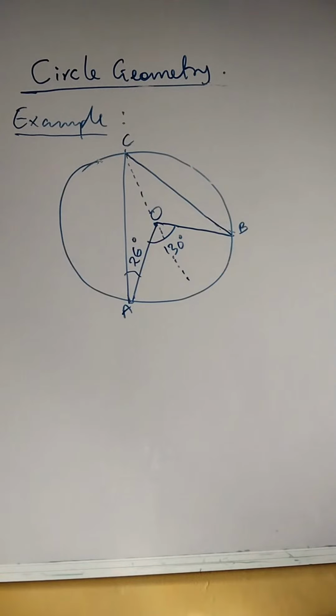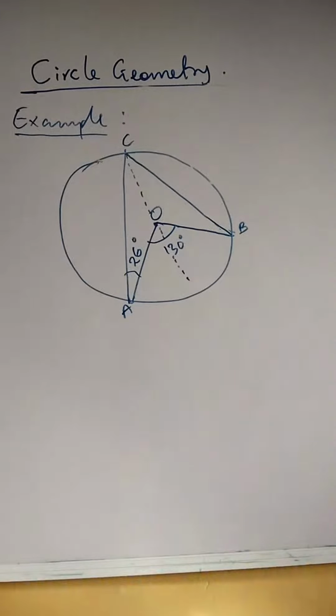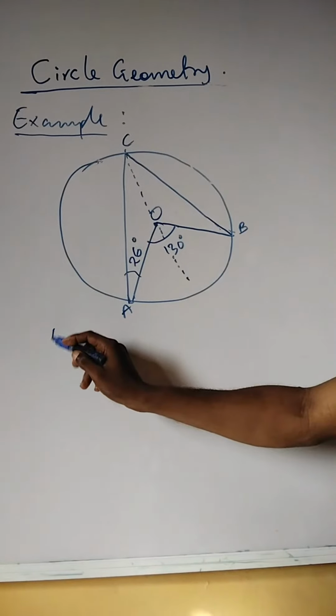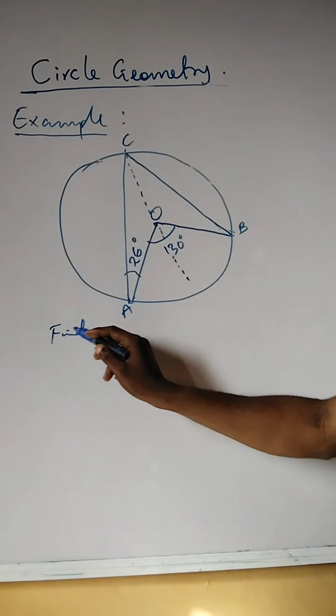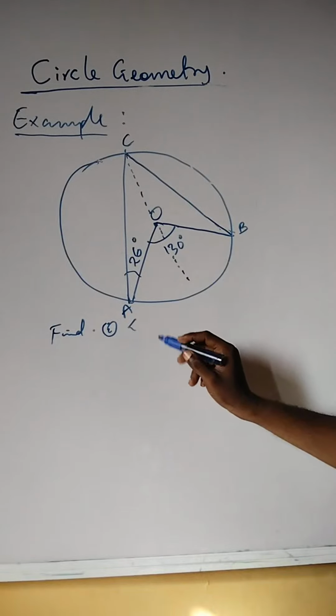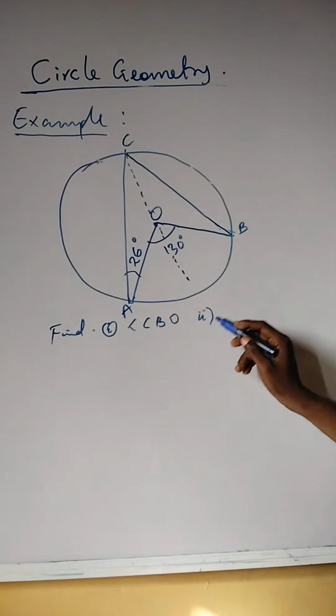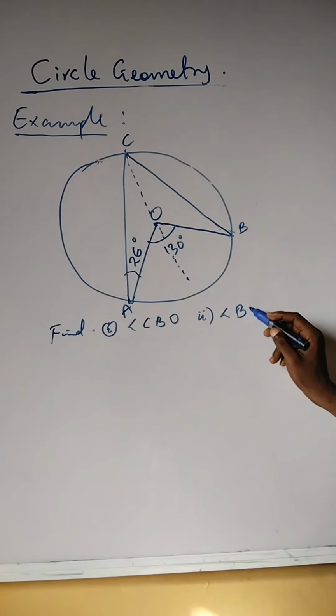And if that line is not put there, when we are solving a question by ourselves, we should see that there will be need for that. And the question says, find one, angle CBO, and 2, angle BOC.